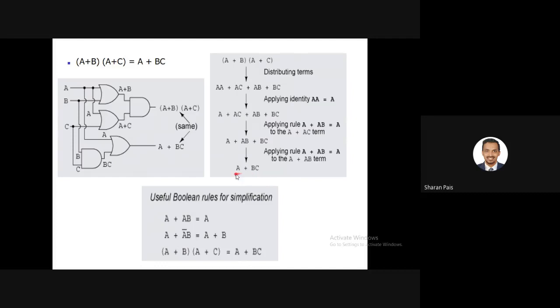Finally, you will get one simplified equation A plus BC, means one AND gate between B and C and one more OR gate between A and B dot C. So these two logic gates are enough actually. Don't want this upper part. These things no need. Only two logic gates.